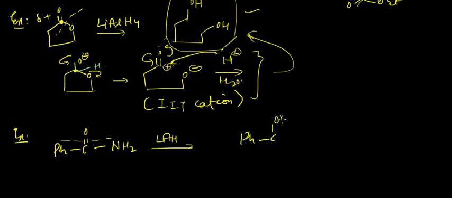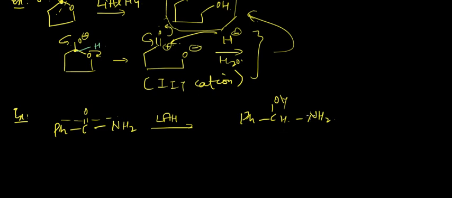So we'll get something like this as the final product. Did I write the correct thing, or did I reduce it correctly, or would something else have been expected? Yes, this is not correct.